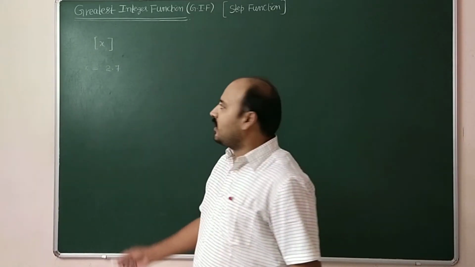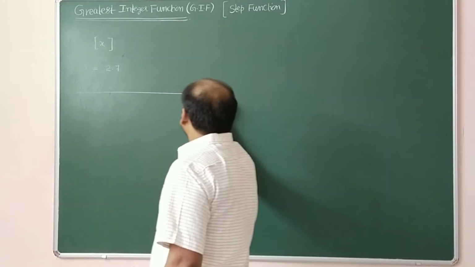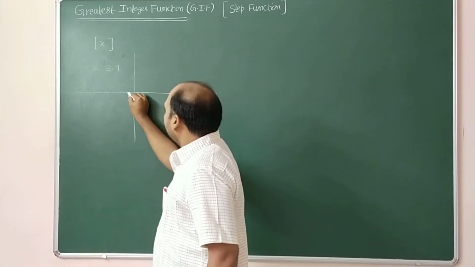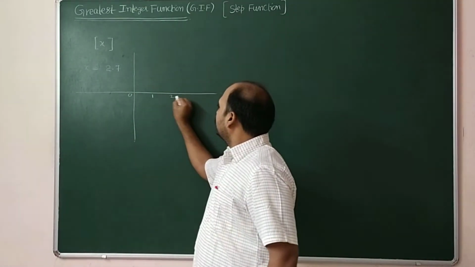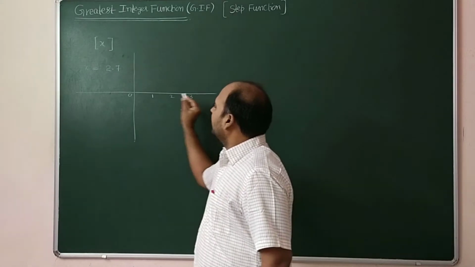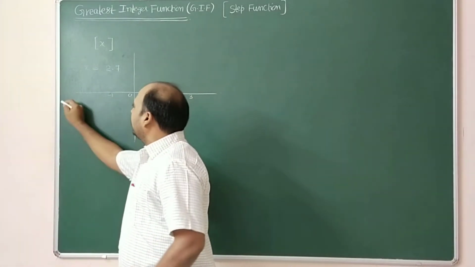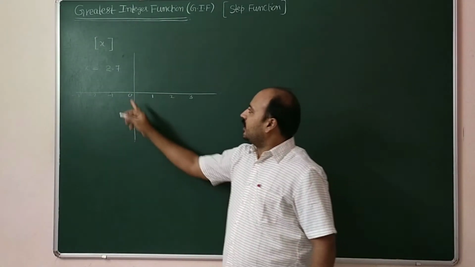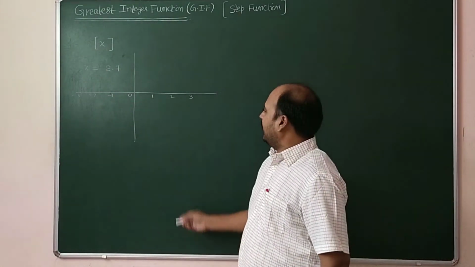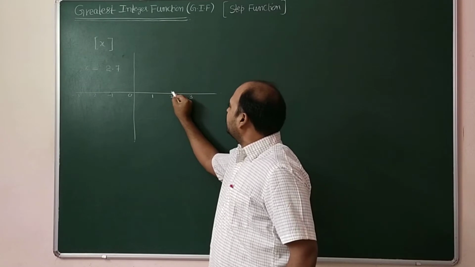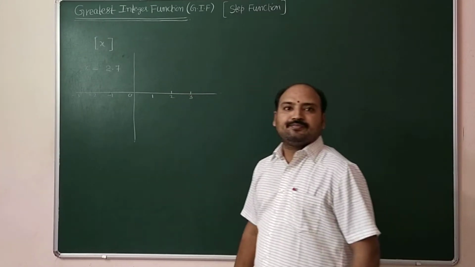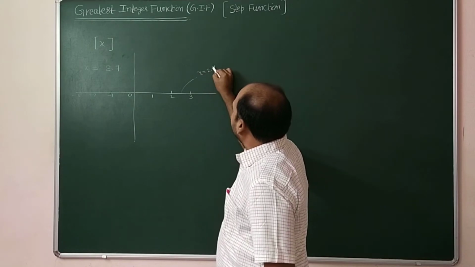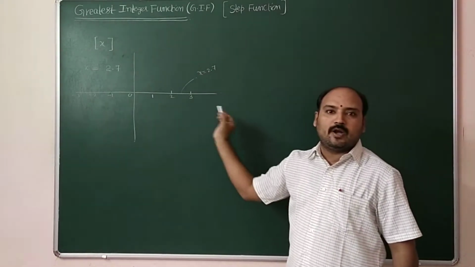We know that on the real number line, this is the real number line, 0, 1, 2, 3, and on the negative part, minus 1, minus 2, minus 3. We know that x is equal to 2.7 lies between 2 and 3. So x equal to 2.7 will be here, in between 2 and 3.